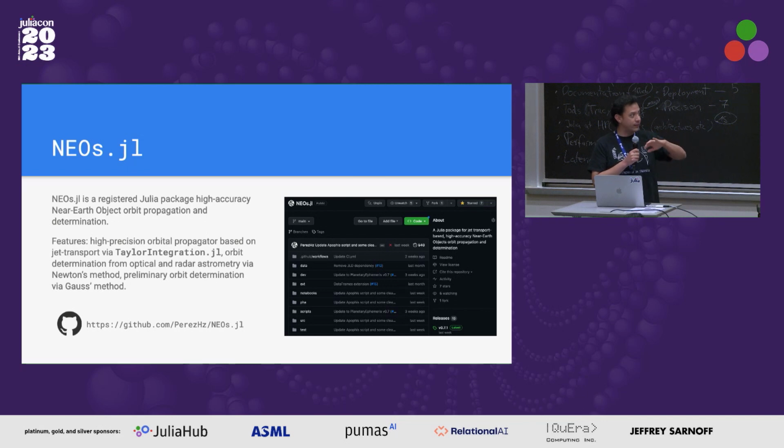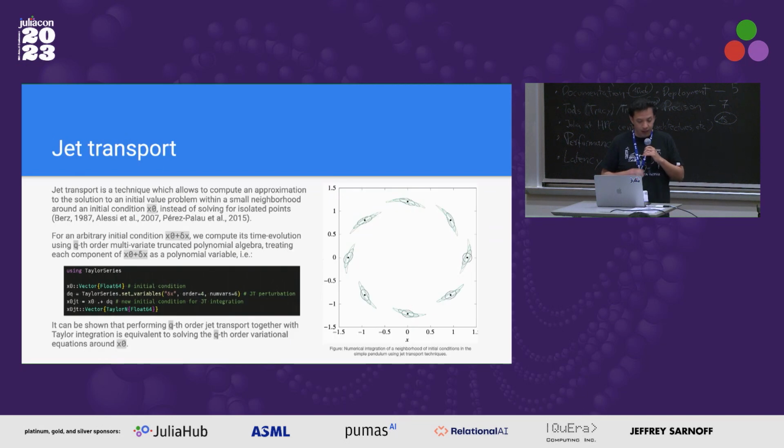We use one Taylor expansion to propagate in time, and the second Taylor expansion to keep track of small variations with respect to the initial conditions. We are able to perform orbit determination using optical and radar astrometry, and now also preliminary orbit determination using the Gauss method.